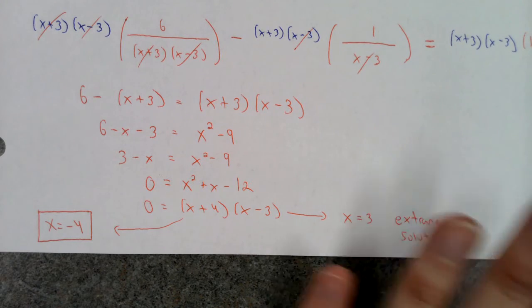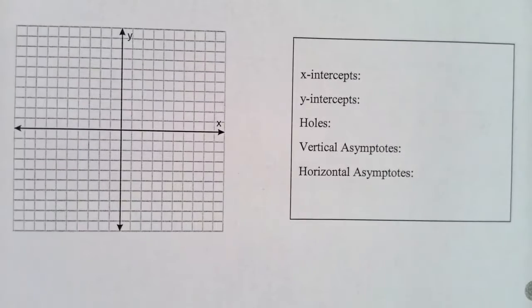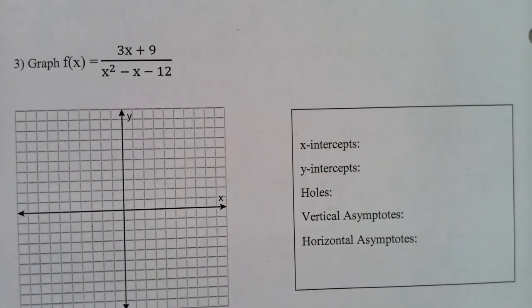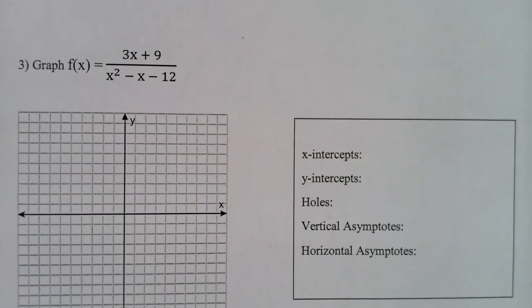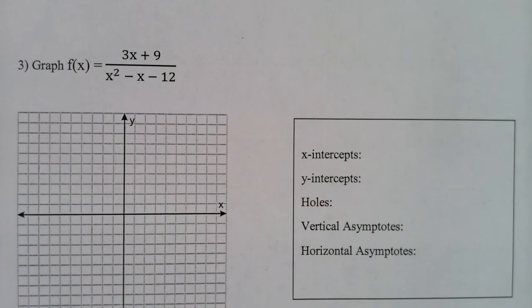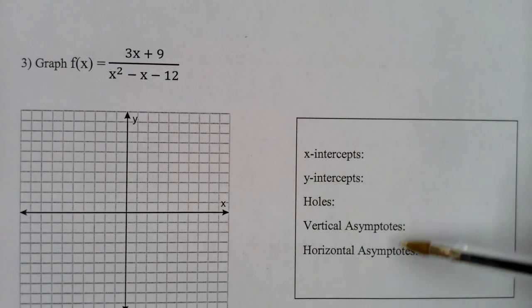All right. One graphing problem. Here's what I'm going to do. I'm going to factor up top. I'm going to do the factoring up here. And also ask you to fill in these 5 statements right here.